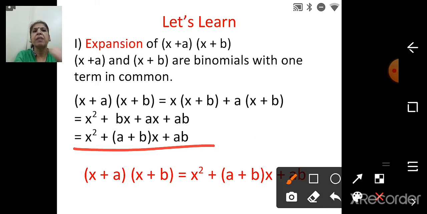So when we are multiplying x plus a, the whole bracket, with x plus b, observe properly, one term is common, the first term is common. So the formula is square of the first term plus addition of the two second terms, that is a and b, the whole bracket multiplied with x, plus the product of the second terms.